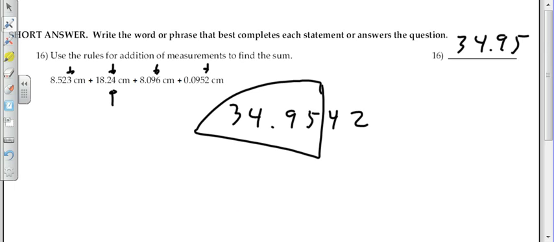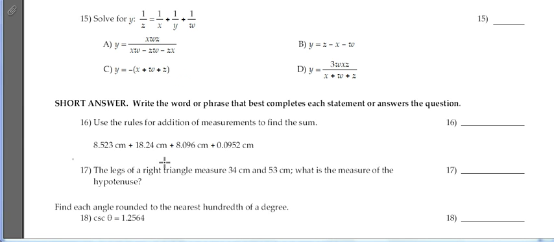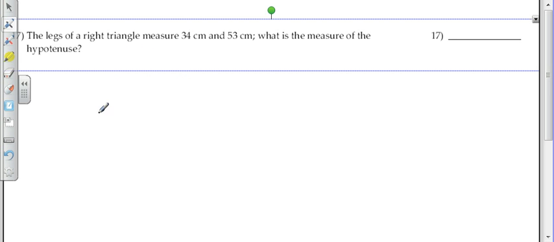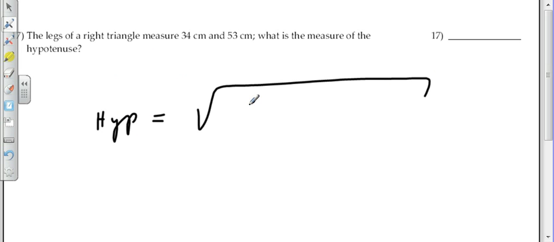Enough? 16. I have a right triangle. Really? I want to know the hypotenuse of the right triangle. Alright, so square root of 34 squared plus 53 squared.